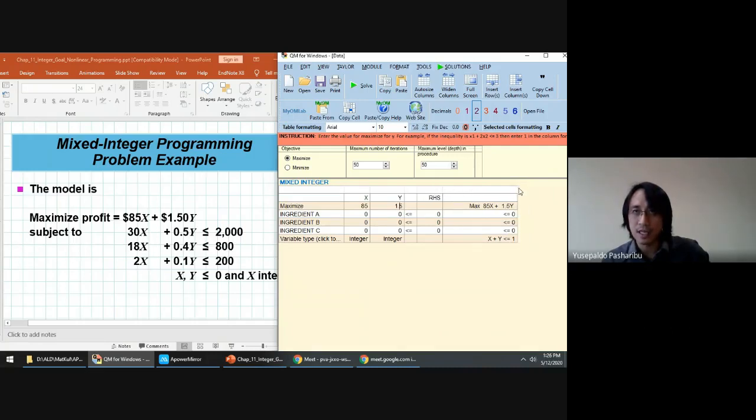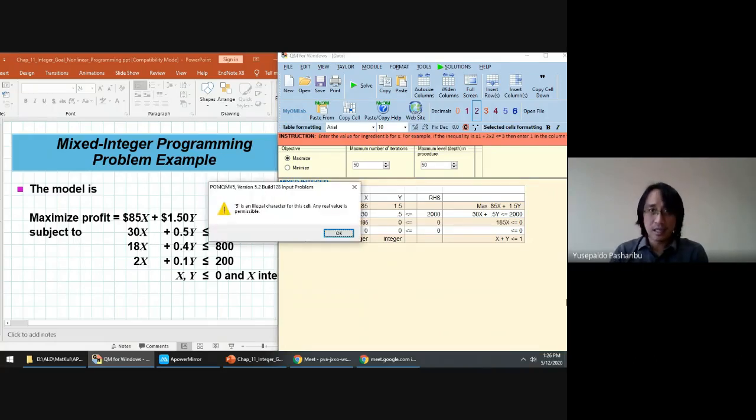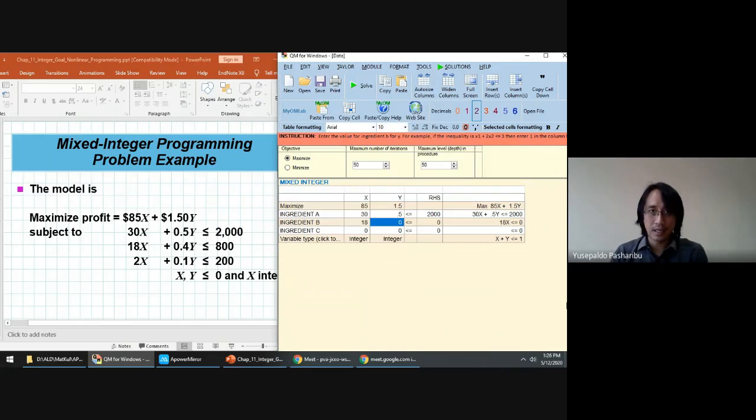Now the right hand side. For ingredient A, the first constraint is 30 and 0.5, less than or equal to 2000. Then 18 with 0.4, less than or equal to 800.